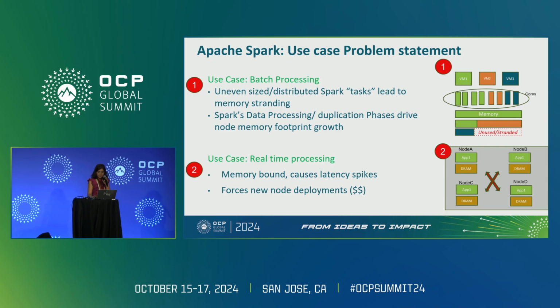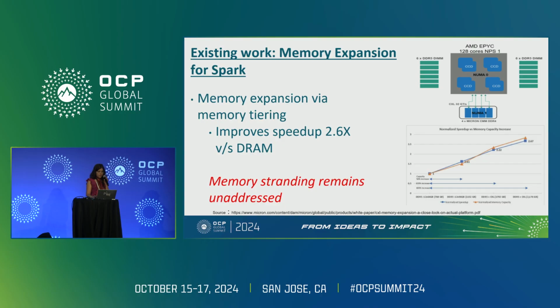The existing work that focuses on memory expansion for Spark has already been discussed via memory tiering, and that has been shown to improve performance by almost 2.5 to 2.6x versus simply DRAM. But the memory stranding remains unaddressed. So that's the focus of my work here.